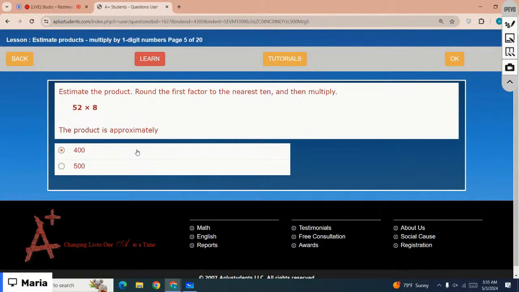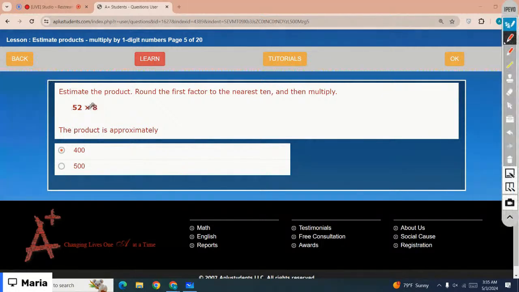So 52 is rounded off to 50, right? Because 52 is close to 50. So you can round off 52 to 50 and 8 times 5 is 40, so 400.